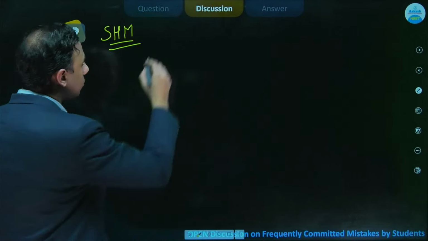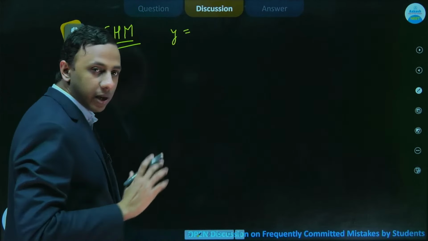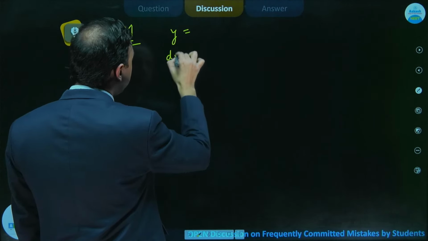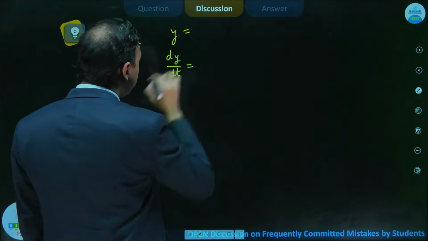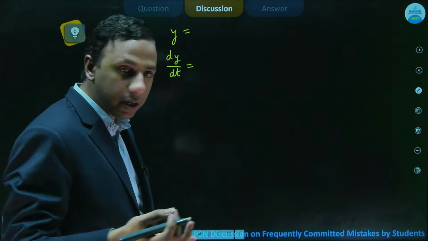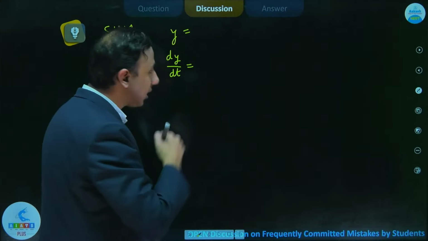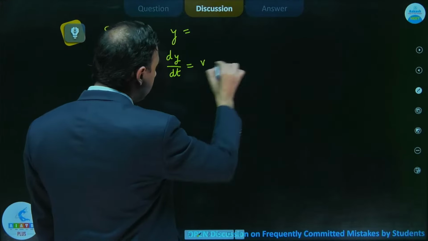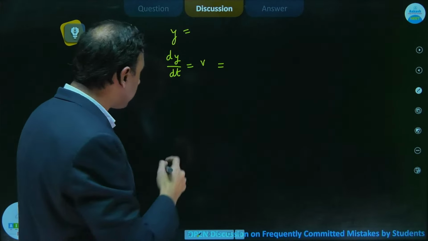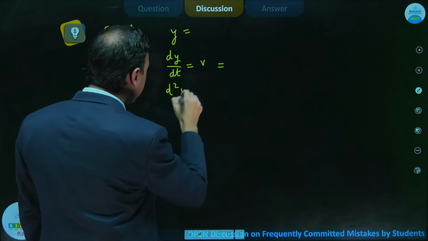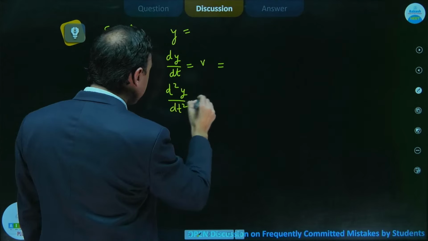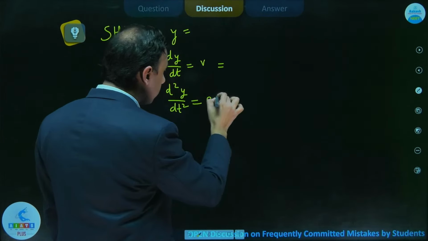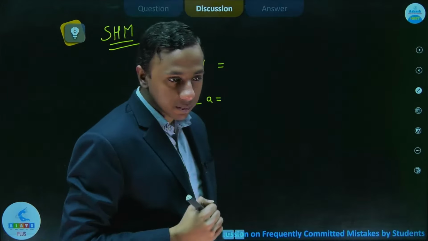If y is given to you as some function of time, then you would find dy by dt, that would give you your velocity of that particle as a function of time once again, right? Let's say I am calling it v, and then you will find d square y by dt square, the double derivative of y, which gives you your acceleration, also as a function of time, right?